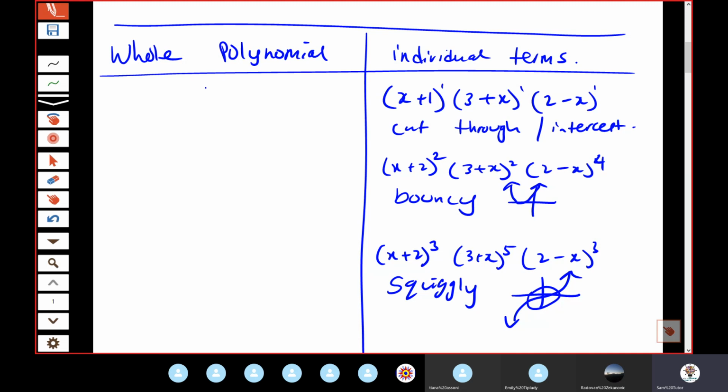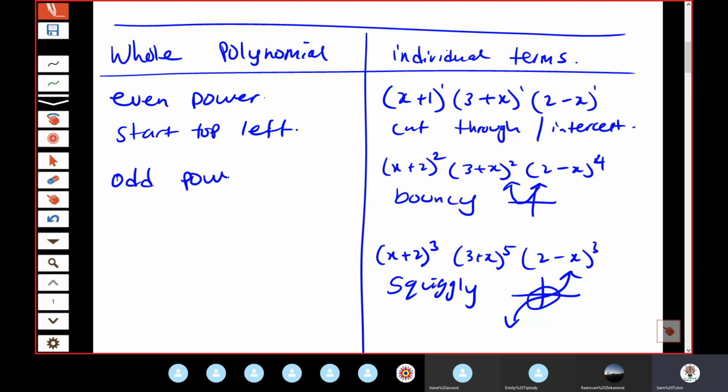Whole polynomial. You look at it as the whole thing now. If it's an even power, start top left. Odd power, start bottom left.